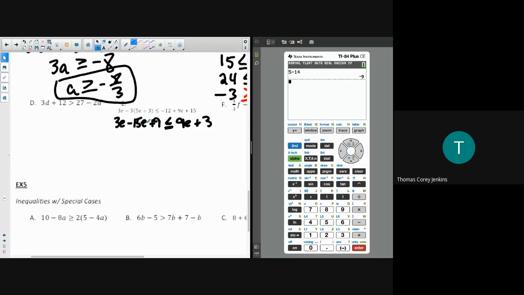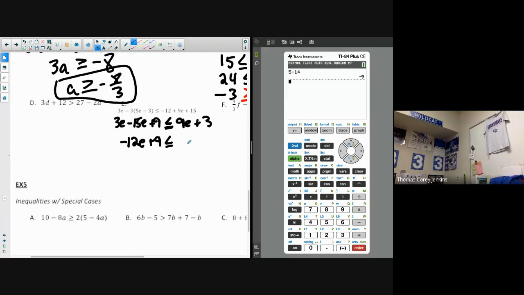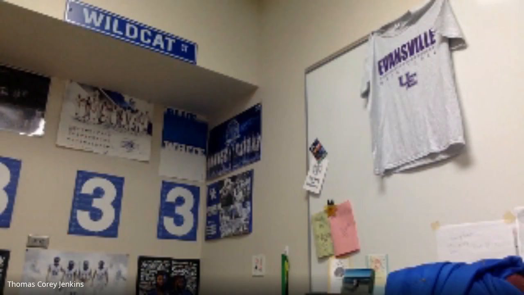Okay, now we combine like terms. 3 minus 15 is -12, so -12E plus 9 is less than or equal to 9E plus 3. I'm going to go ahead and move this term over there. So plus 12E to both sides would give me 9 is less than or equal to 9 plus 12 is 21. So 21E plus 3.